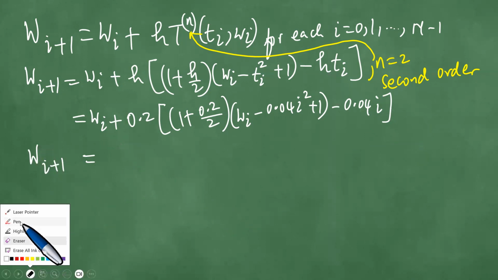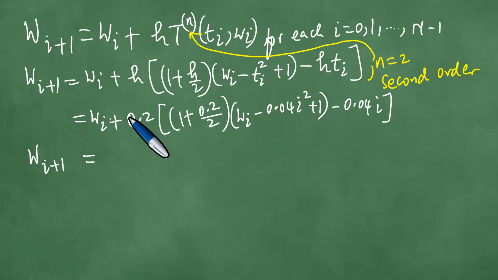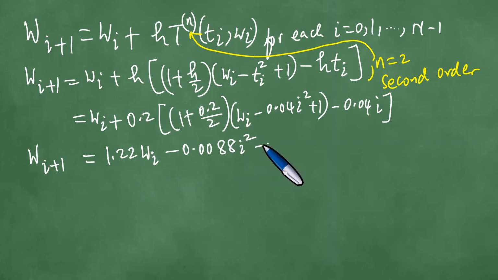If we group like terms and so on here, it's going to be 1.22 wi, and then this is squared, plus 0.22.